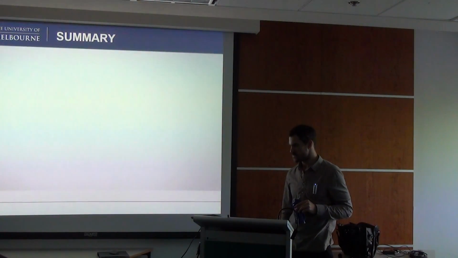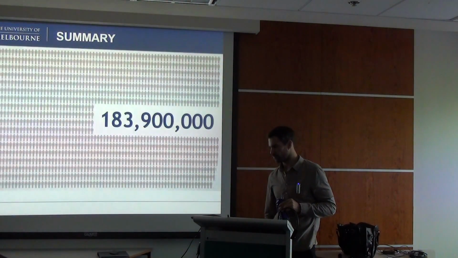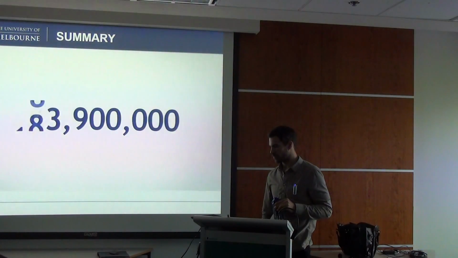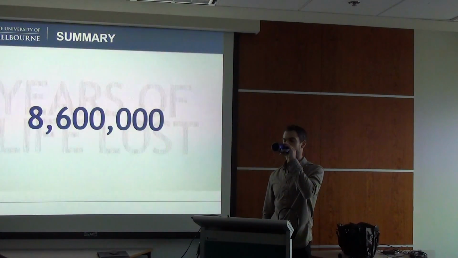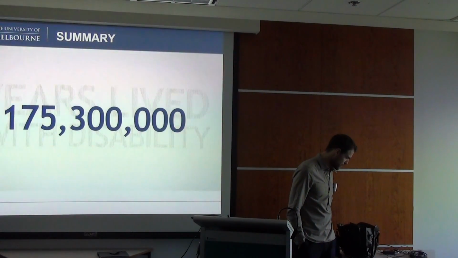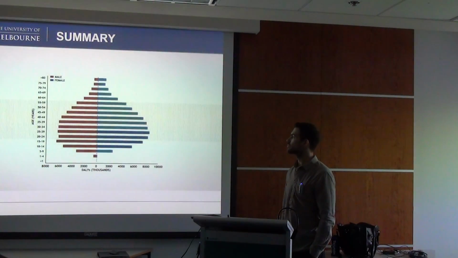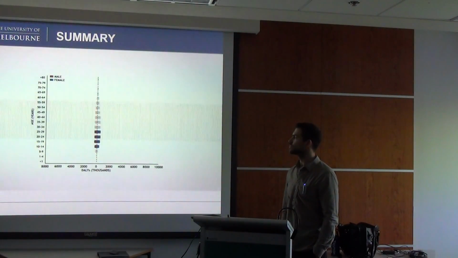This study shows 183.9 million DALYs worldwide for mental and substance use disorders. This includes 8.6 million years of life lost and 175.3 million years lived with disability. The highest proportion of DALYs occur to those aged 10 to 29.